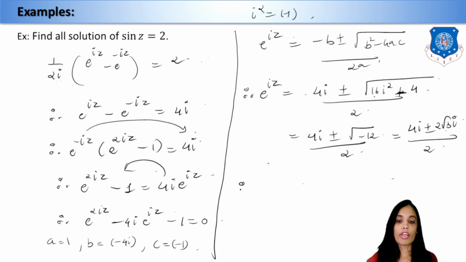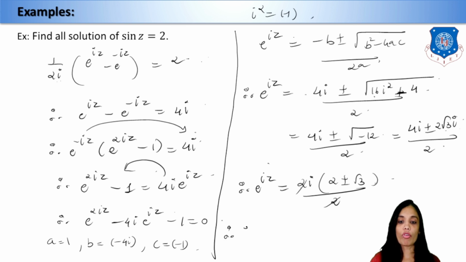Okay. Therefore, e raised to iz will be equal to, just take out the 2i common from the numerator. So 2i common, inside we will have 2 plus or minus root 3, upon 2. Now 2 and 2 will get cancelled out. Therefore, e raised to iz is equal to what? i into (2 plus or minus root 3).